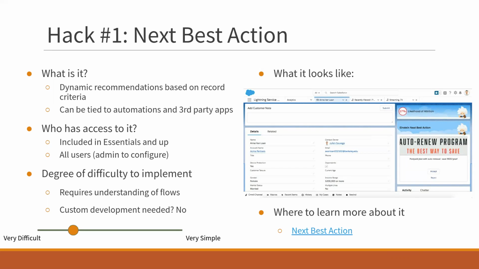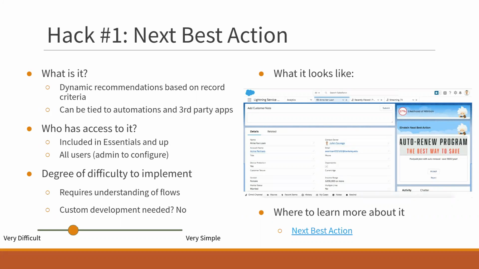You can see it there on the right hand side where it says Einstein Next Best Action, and it's recommending that they auto renew. And so maybe they realized that this customer was coming to the end of their contract or something like that.